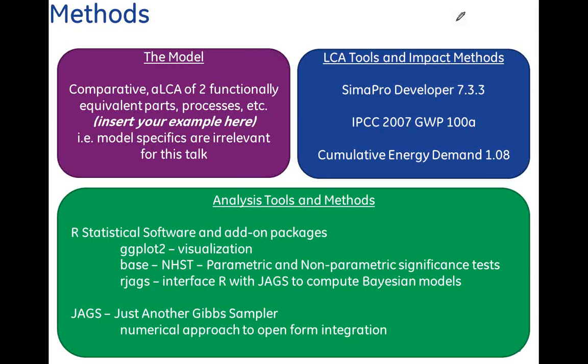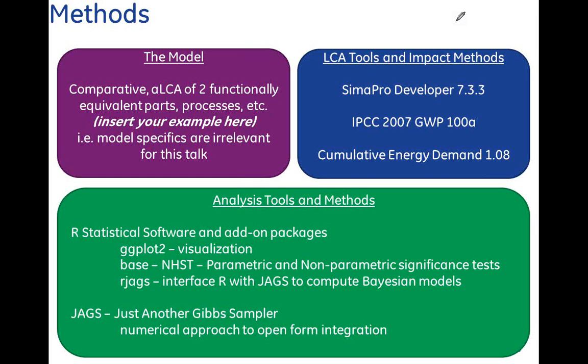It could be anything you want. Secondly, I used SimaPro Developer 7.3. We'll be looking specifically at the IPCC 2007 GWP, so global warming potential, as well as cumulative energy demand.